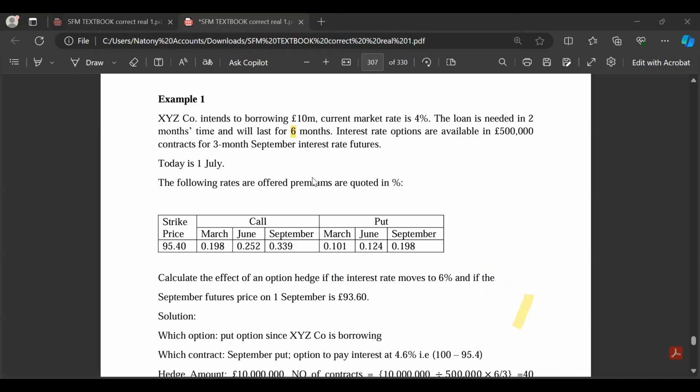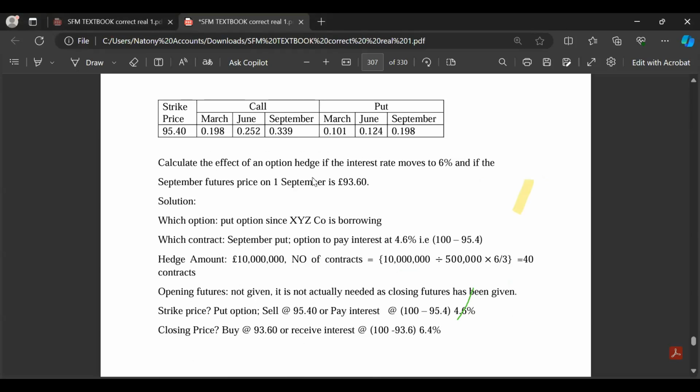So there's no spread. If the company hadn't hedged the transaction, it would pay interest at 6% on the transaction date.